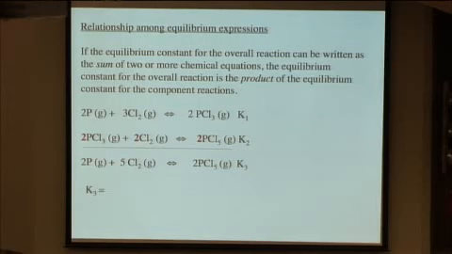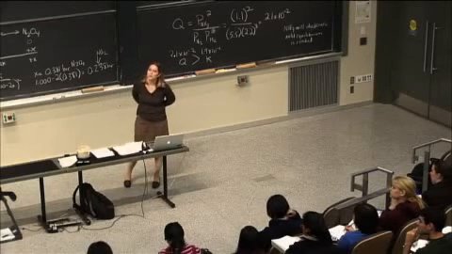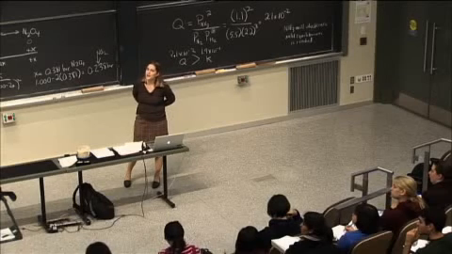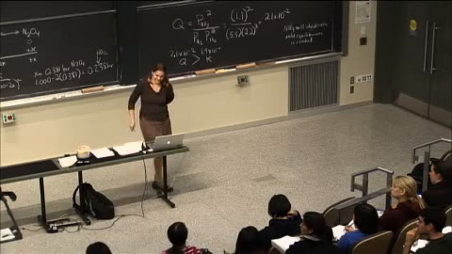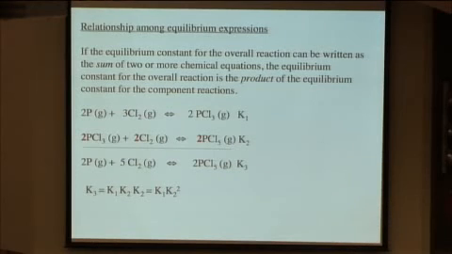So if I do that, and I have the equilibrium constant for 1 and for 2, how am I going to get the equilibrium constant for 3? I'm going to multiply K1 by K2, and I'm going to have to multiply K2 in there twice, because there's 2 of those.